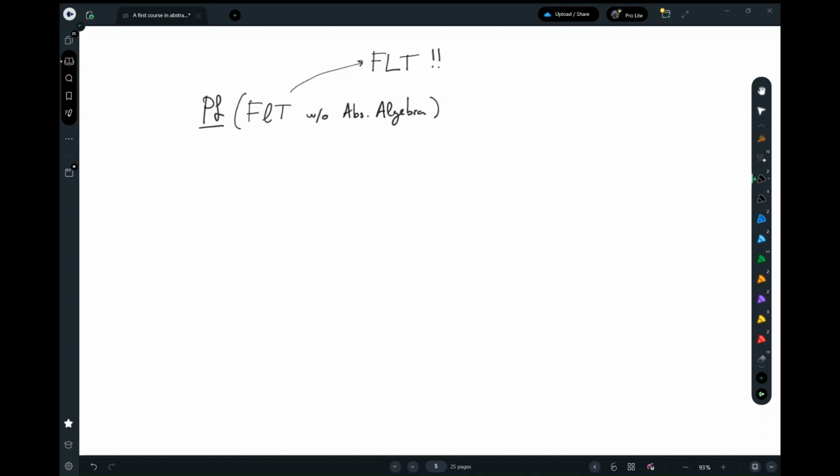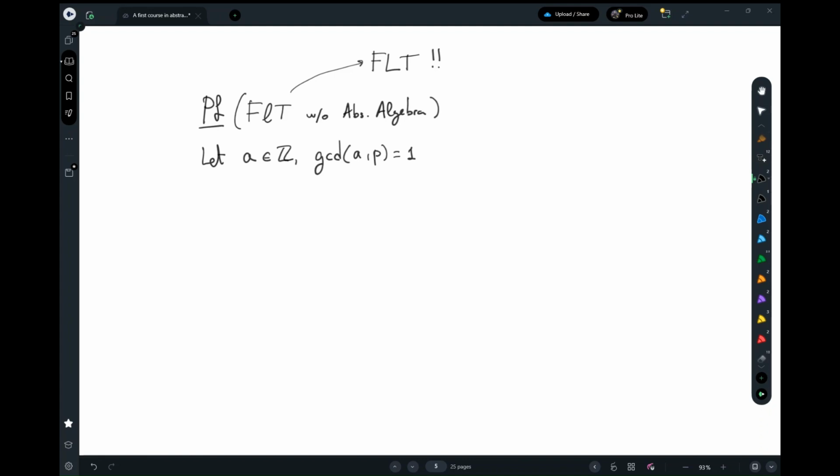So how do I prove Fermat's little theorem without abstract algebra? Let a be an integer relatively prime to p. And then what I'm going to do is the following.